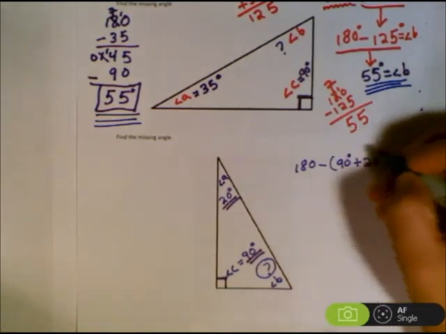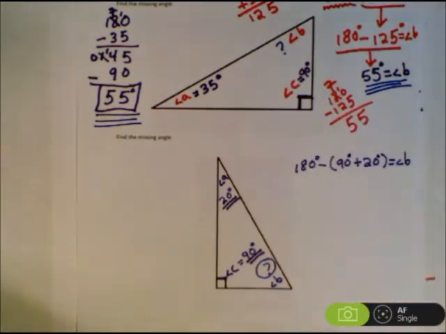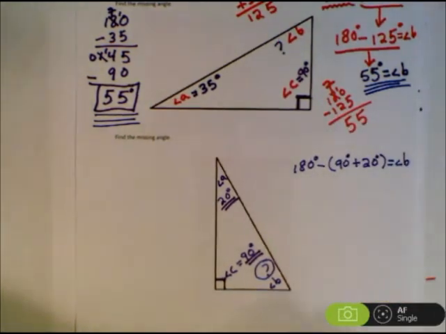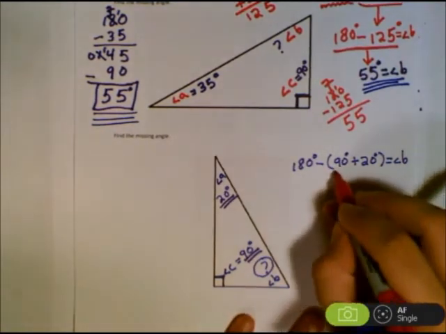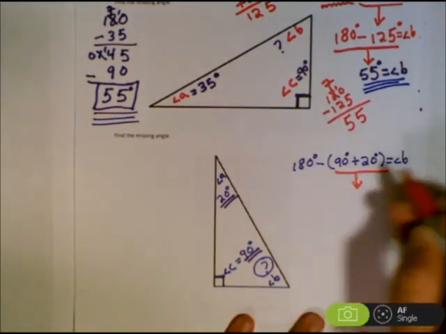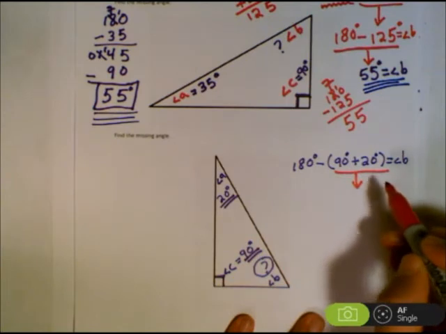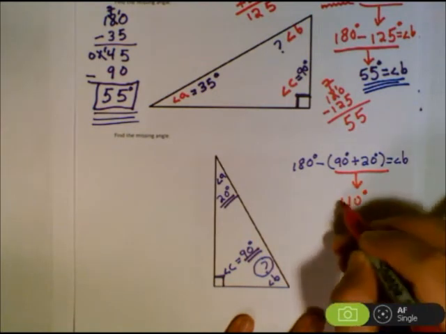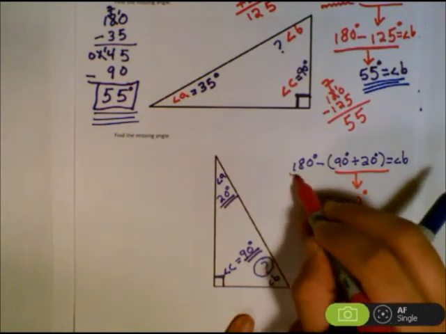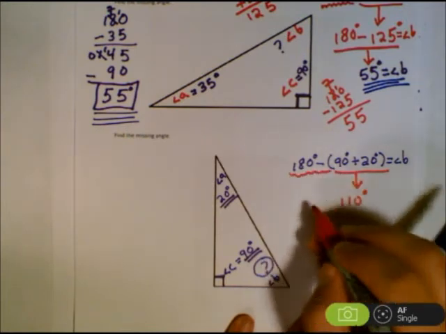So I have a little degree mark on here. Let's go ahead and add this part first. We have to work what's inside the parentheses first. What is 90 plus 20? 110 degrees. Now don't forget about your 180 degrees and the subtraction.